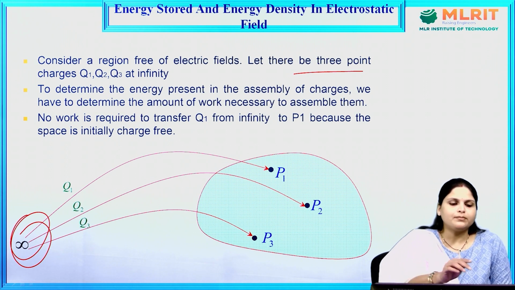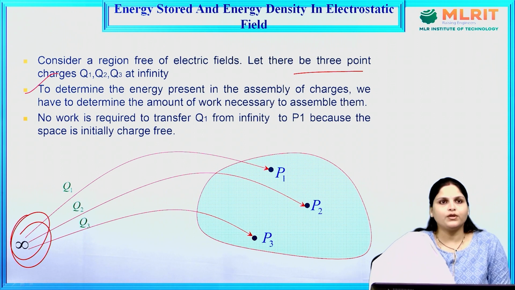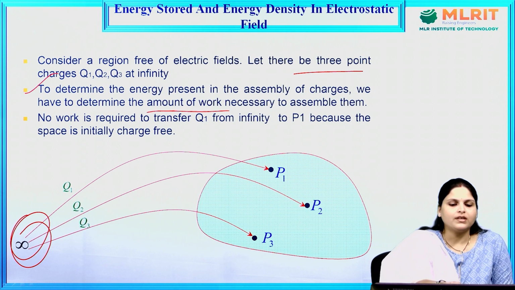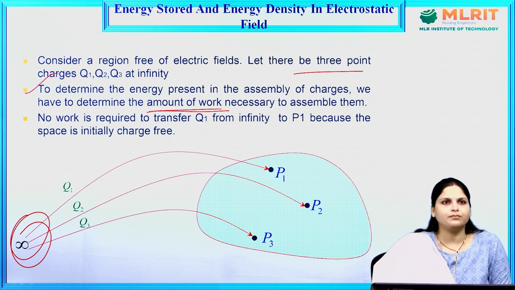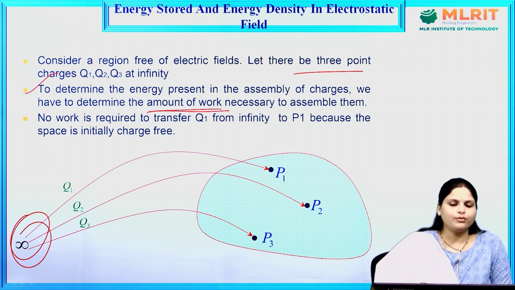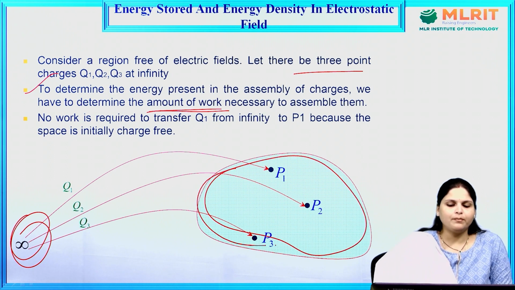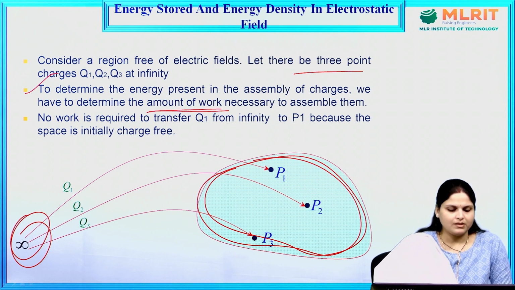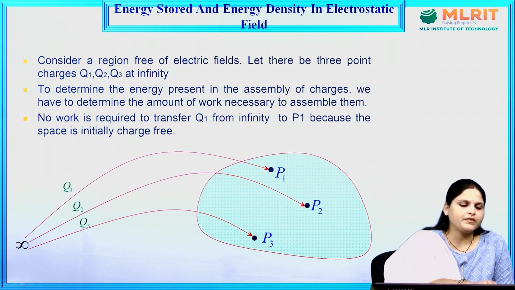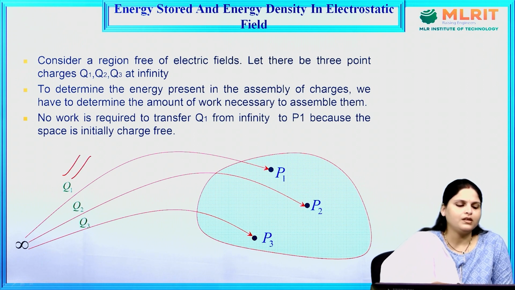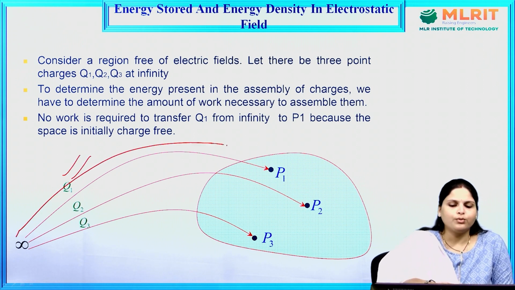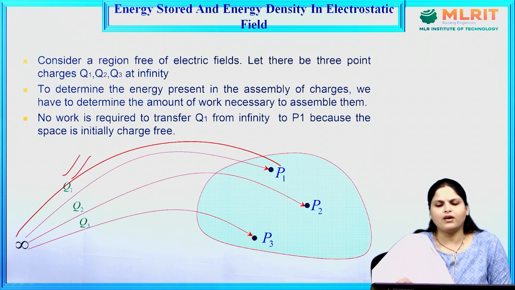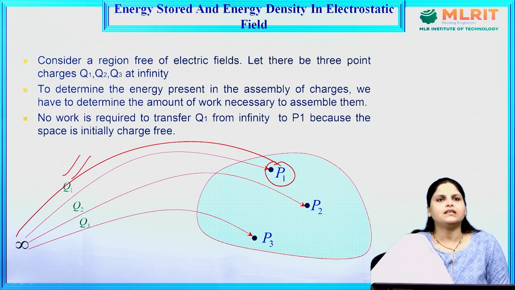To determine the energy present in the assembly of charges, we have to determine how much work is necessary to assemble them. So we will bring the charges one by one. In the beginning there is no charge present. First we will bring charge Q1 from infinity to a point, let us suppose P1, in the system.